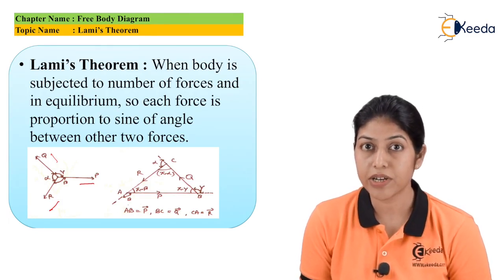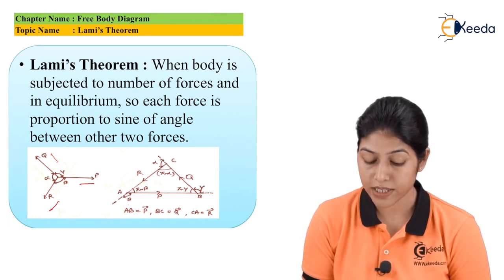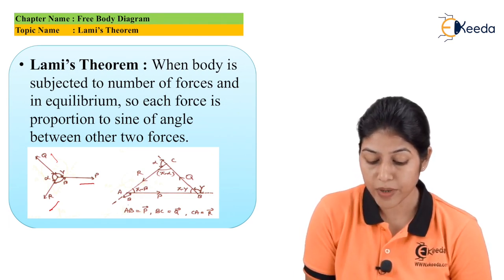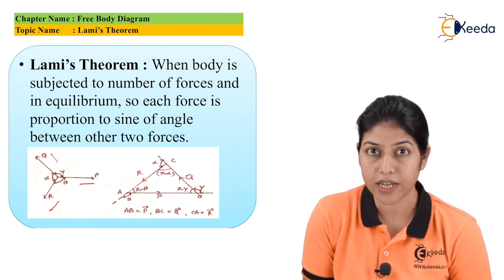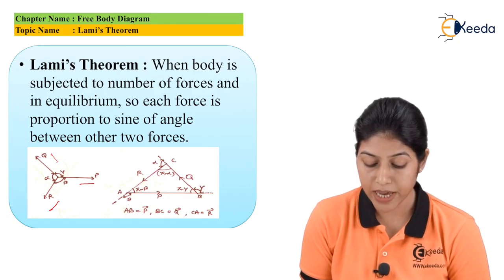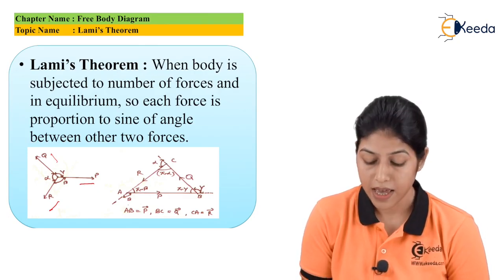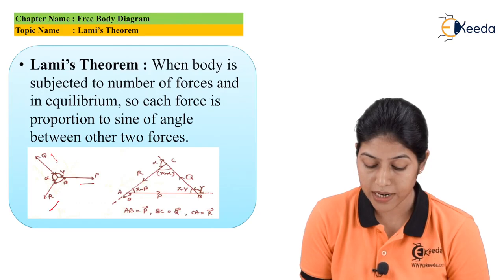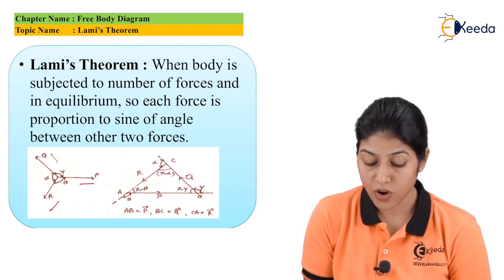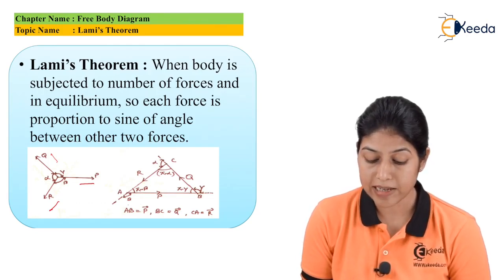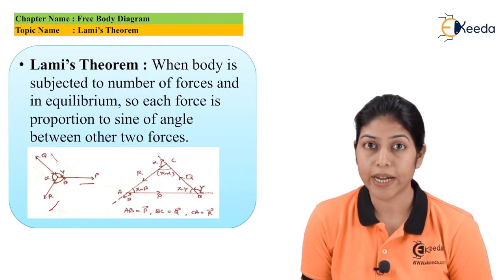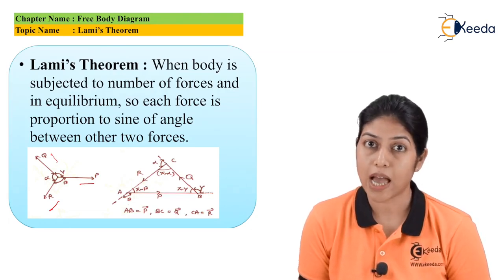The angle between P and Q we are considering as gamma, the angle between P and R as beta, and the angle between Q and R is alpha. We will use these angles and forces to find the equations of Lamy's theorem.